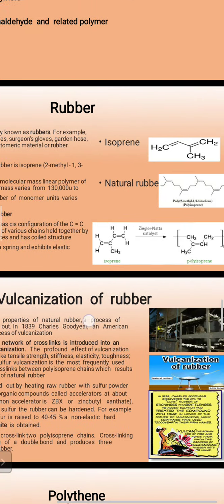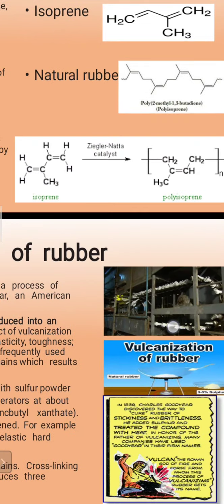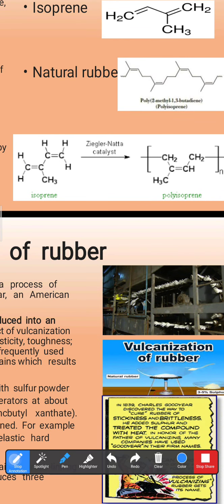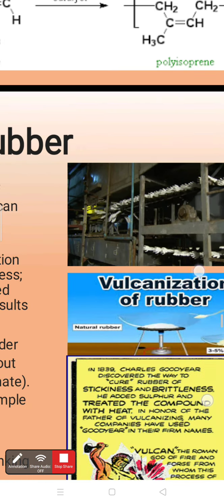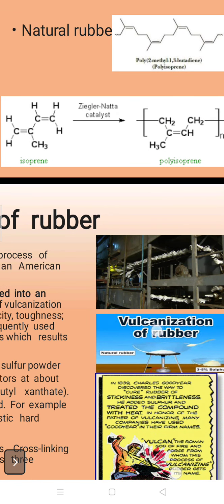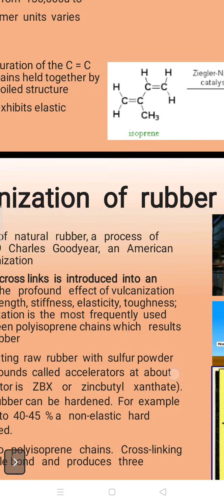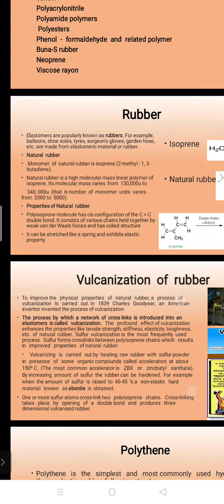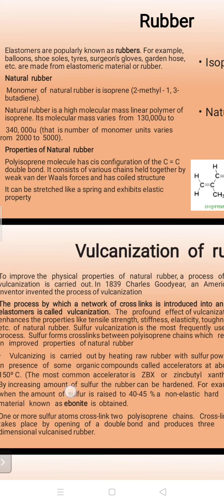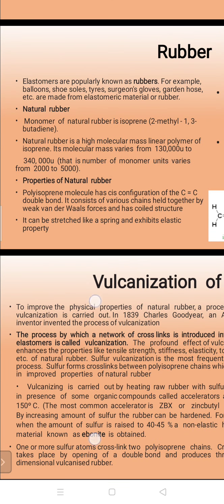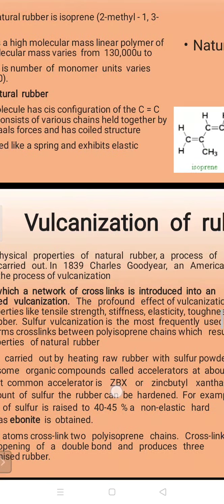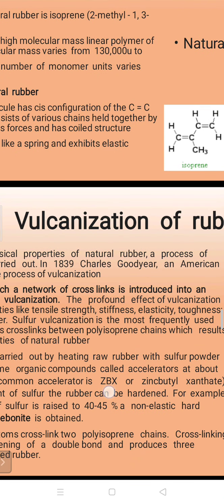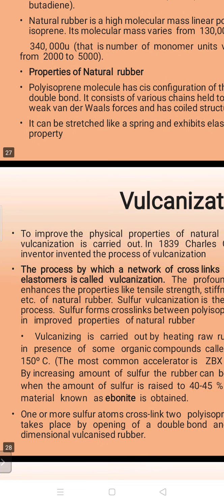In vulcanization of rubber, in this slide you can see some diagrams. In the diagram, you see some related terms that we can discuss later on. Before that, what do you mean by vulcanization? Vulcanization is one type of polymerization. It is the process by which a network of cross-links is introduced into an elastomer, and that process is called vulcanization.